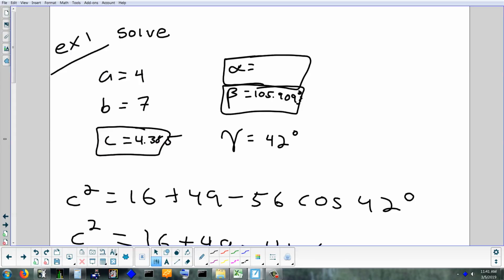So 32.091. Okay, so it looks like the smallest side is with the smallest angle. The biggest side is with the biggest angle. And if you add any two sides together, they should be bigger than the third. Looks reasonable.